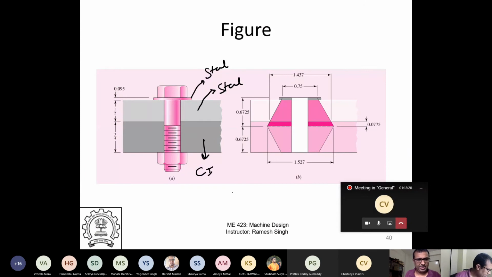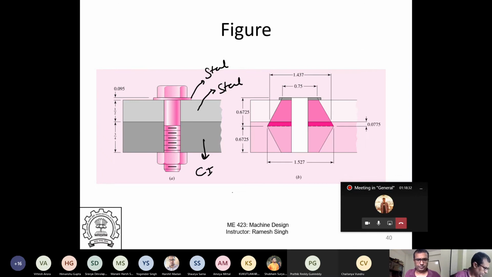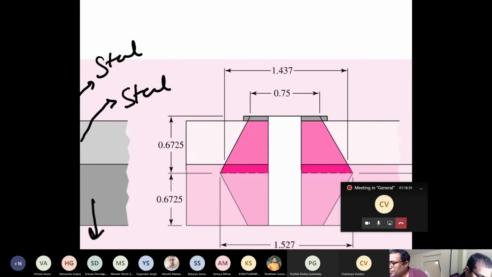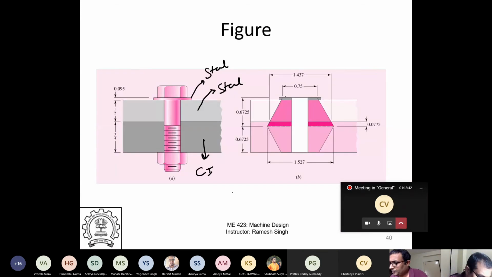Just one second. I'll show what I meant to say. I can find this by using simple geometry.